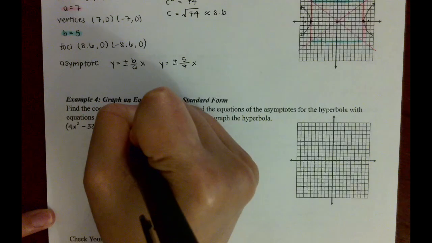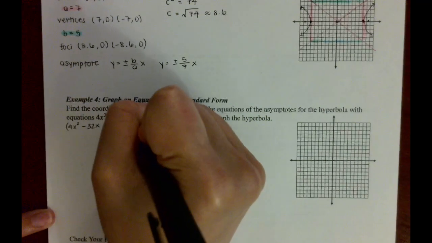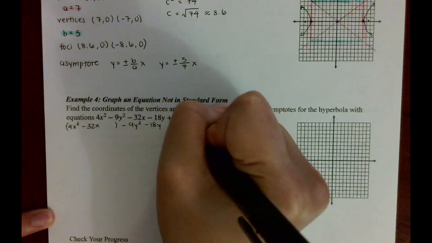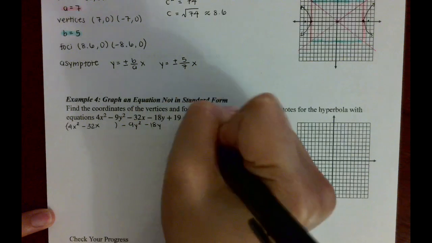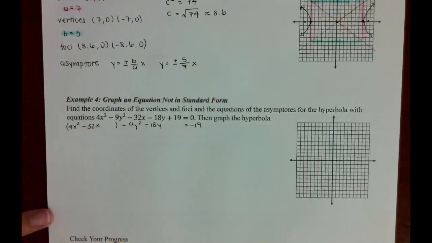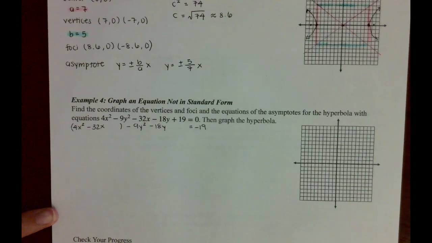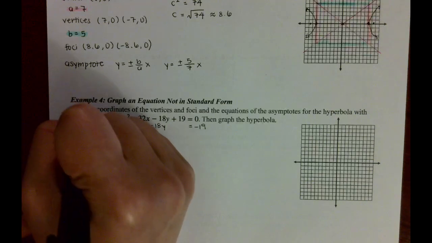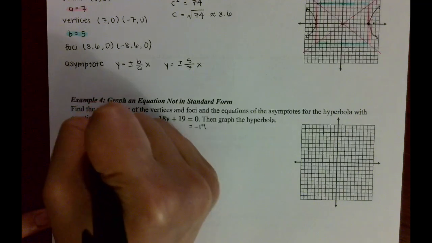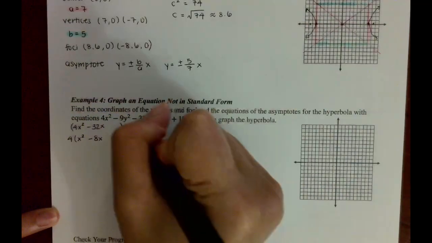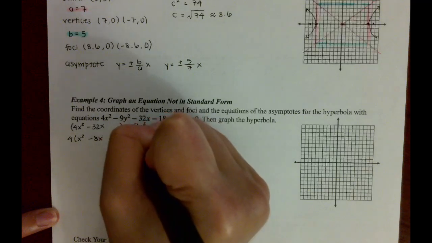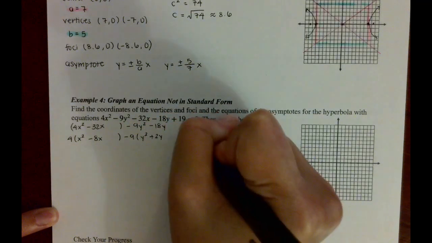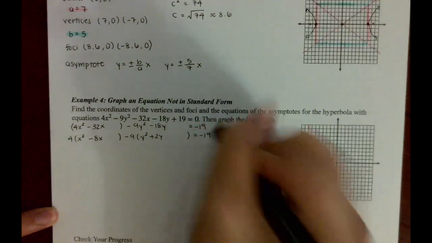And then minus 9y squared minus 18y, and then I'm going to move my constant to the other side. Right? Okay, then I'm going to factor out this 4. This will give me x squared minus 8x. And then for the y's, I'm going to factor out a negative 9. This will give me y squared plus 2y, and then equals negative 19.